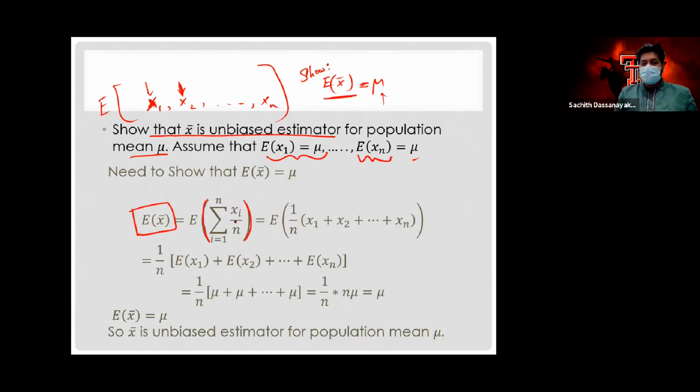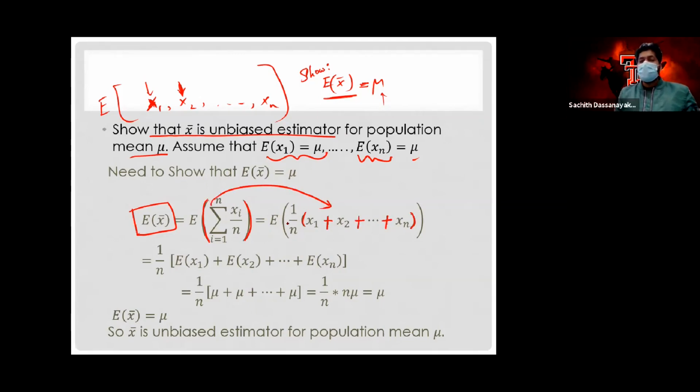You can remove the summation symbol and expand it: 1 over n times x1 plus up to xn. This is the expansion of that notation.